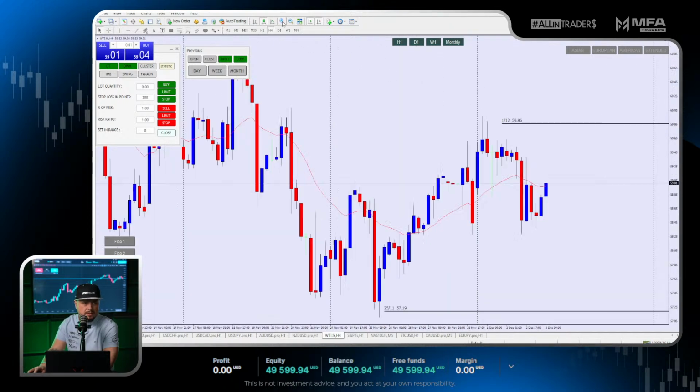So, what is the market structure? The current market structure looks like bullish. Swing low, swing high. We got a swing low, swing high.